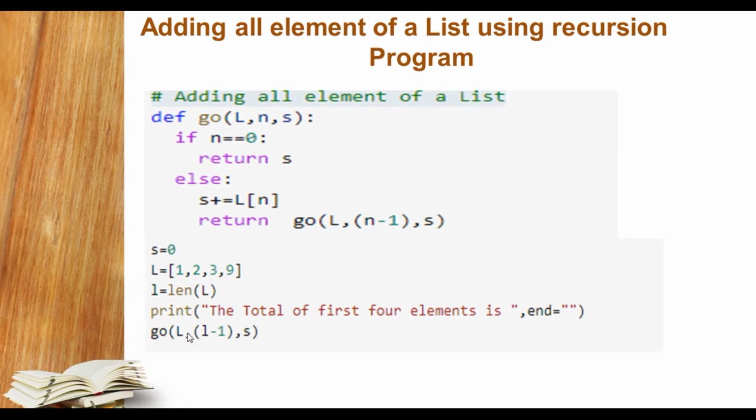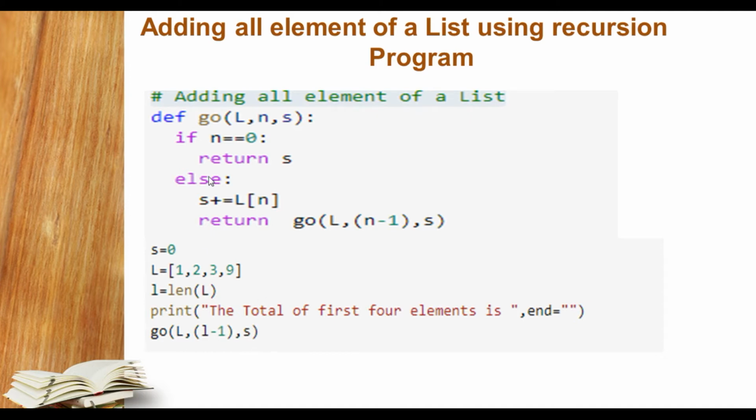And I have called this function explicitly, that is go(L, ...), because the list will be passed, and within the next second argument, n minus 1 I will process, because the last index of the list is always n minus 1. So here it is n minus 1 comma S, where S equals 0.